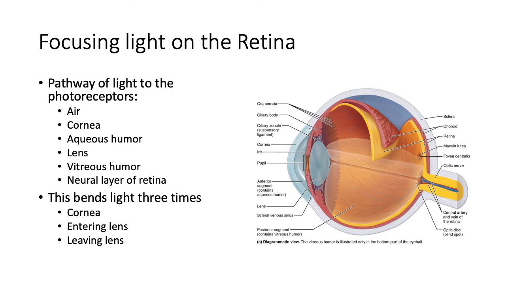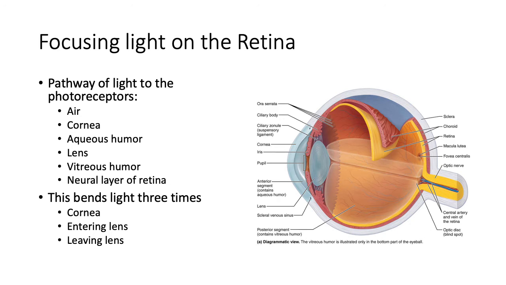So not only is light bouncing off of some surface before it reaches your eye, when it actually enters your eye, there are quite a few components of the eye itself that the light has to travel through in order to get to the photoreceptors.